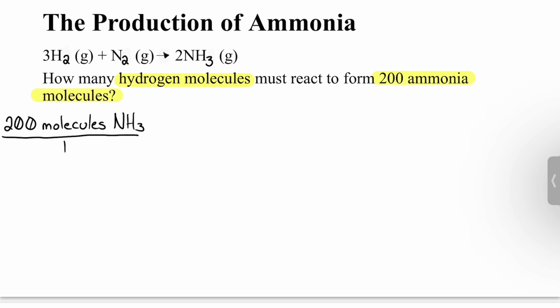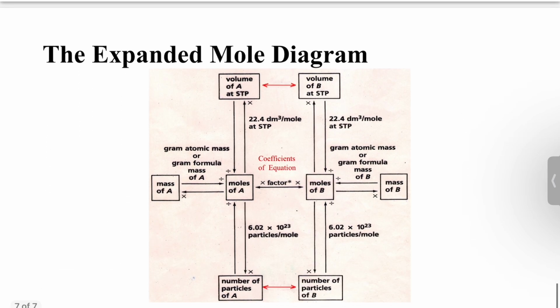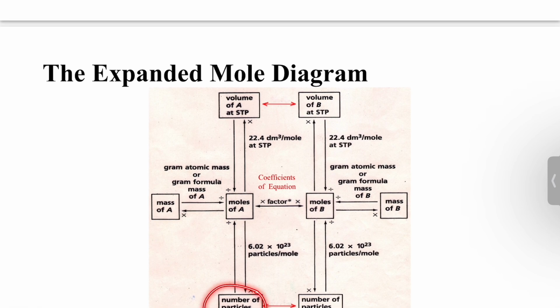And the first thing I'm going to do is convert that to moles, where 1 mole is equal to 6.02 times 10 to the 23rd molecules. At this point, molecules cancel, and I have moles of ammonia, okay? So what we've done is we've gone from particles of ammonia to moles.